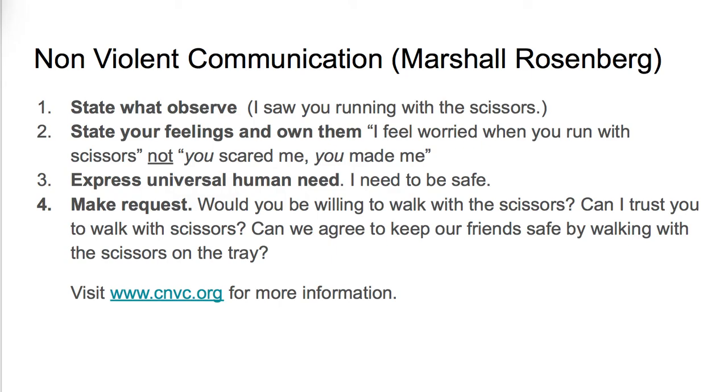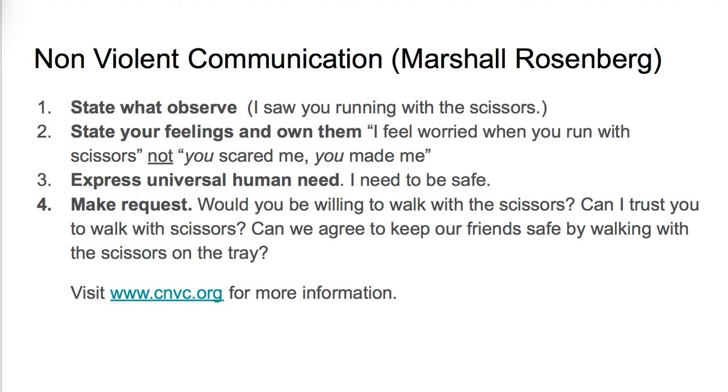Okay. Number 3, express a universal human need. I need to be safe. A universal human need is a need that all humans have. And you can go to cnvc.org for not an exhaustive list, but a very long list of needs that everyone has. So everyone needs to feel safe.